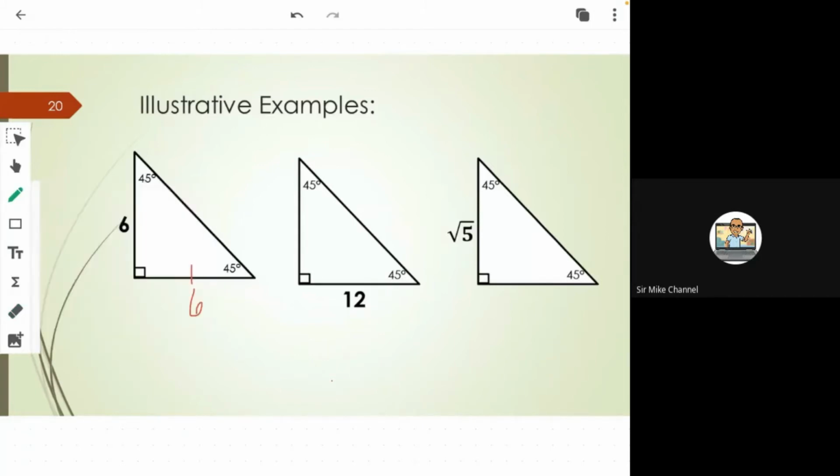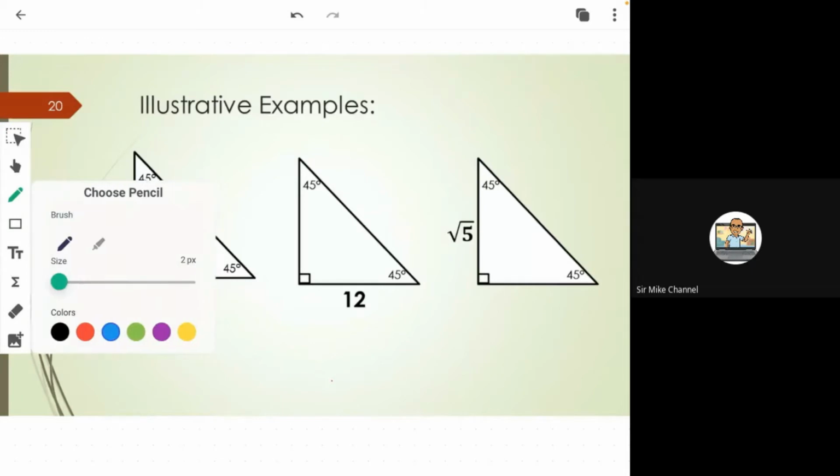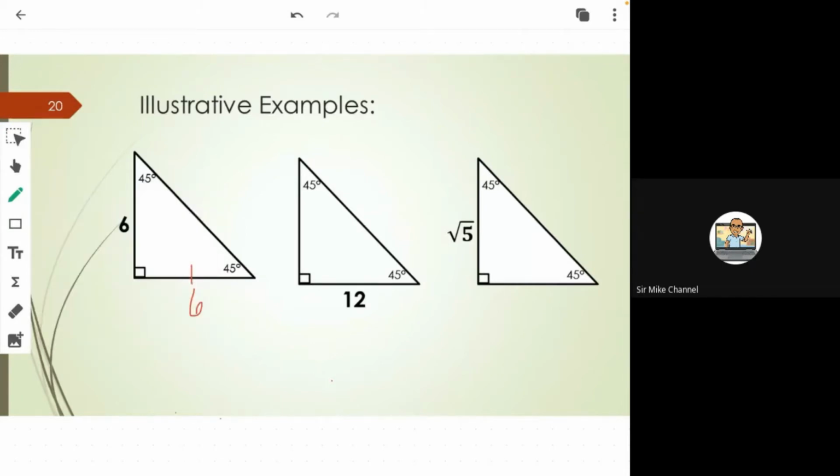So, syempre, mag-add lang tayo ng magiging 6 square root of 2. Ayan ang final answer natin. Okay, kapag whole number yung leg niya. Okay? Okay, how about number 2? Anong measurement natin dito?